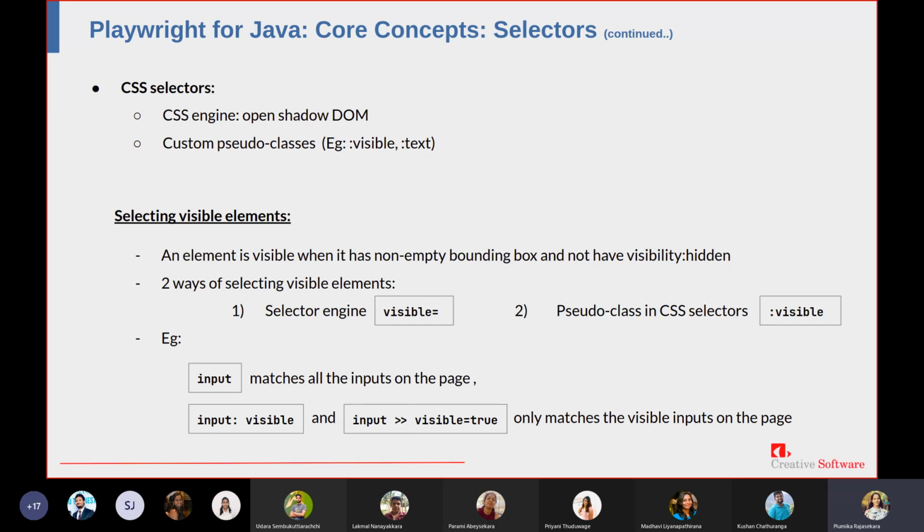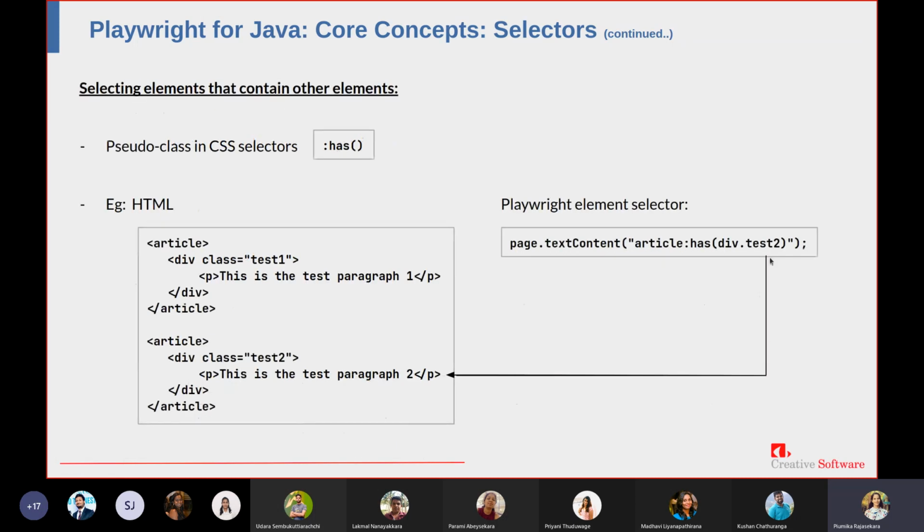If we don't use the visible option, the test will wait for the first button to become visible, since that's the first button in our document object model order. Probably a timeout will occur after waiting for some time. But if we use this visible equals true option with our selector, our tests will skip the invisible button and find the correct one. We have another CSS select option.